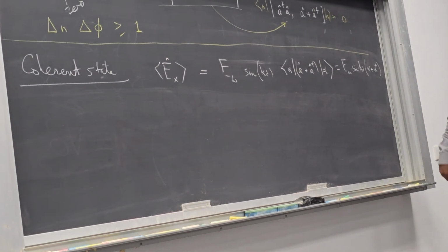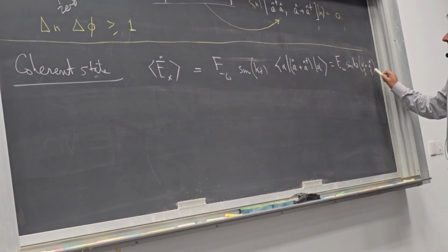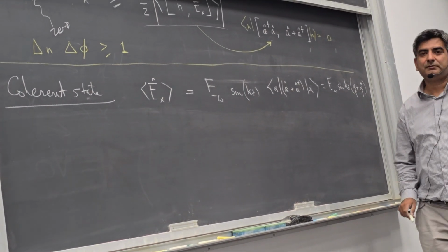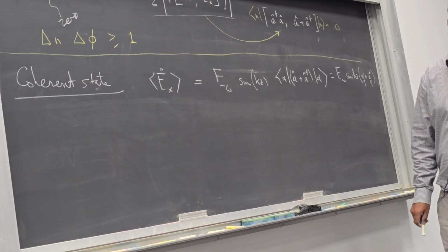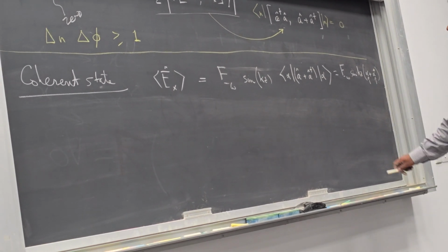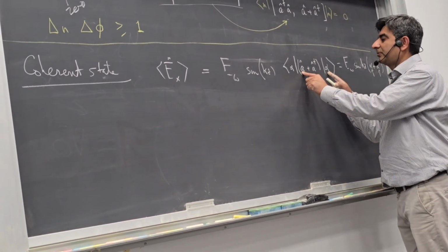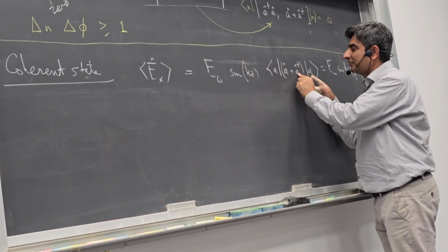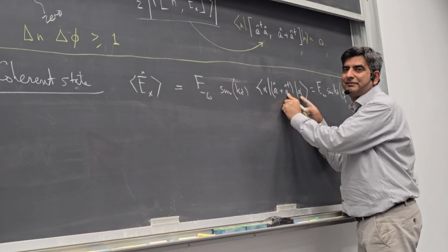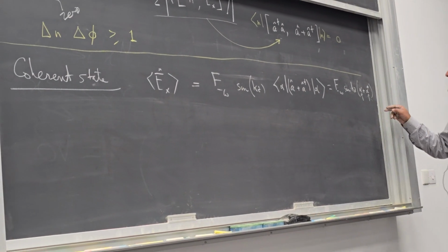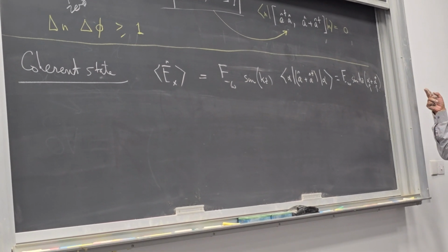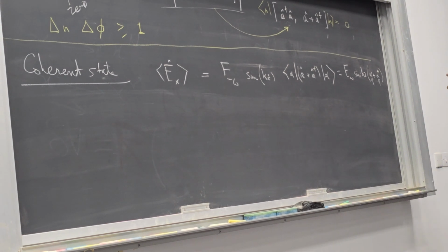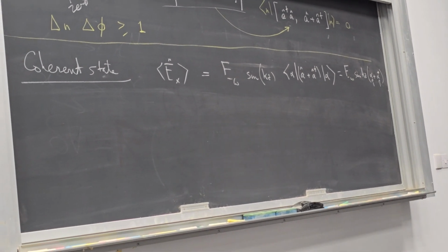And if I were to put time factors into this, yes please. जब अल्फा इस पे एक्ट, ए इस पे एक्ट होगा तो अल्फा आ जाएगा, ये एक्ट होगा तो अल्फा स्टार आ जाएगा. So this coherent state gives me a non-zero electric field. So there is some electric field.